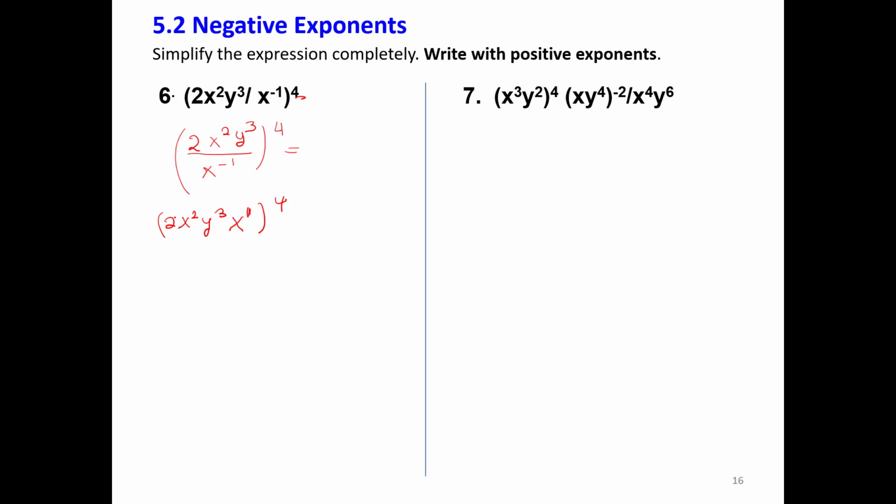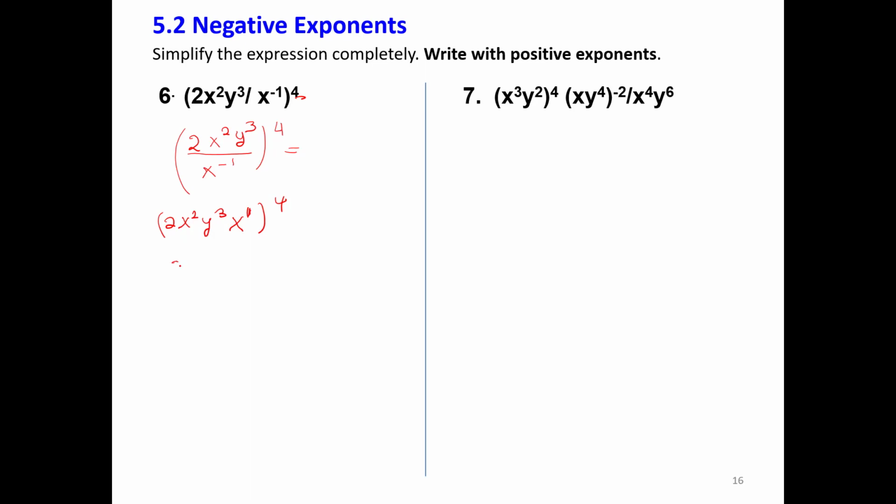Now let's see if we can simplify what we had inside the parentheses. We had the same base, the product of powers.